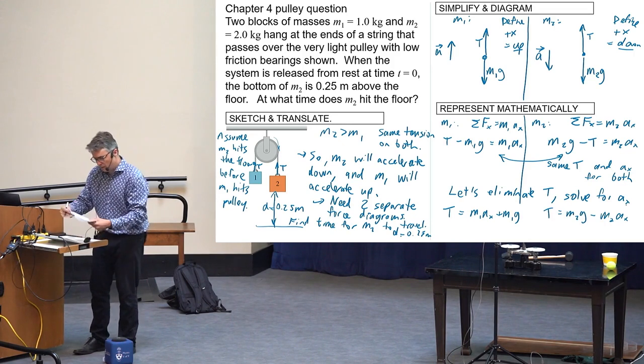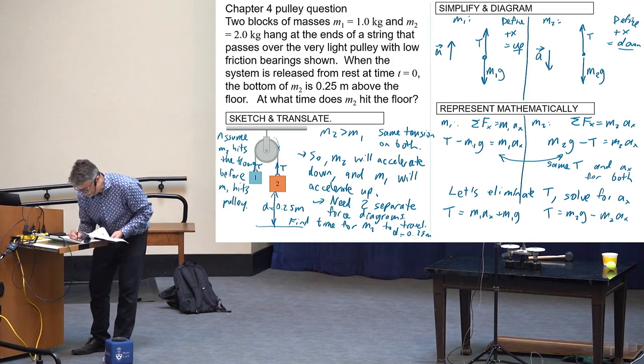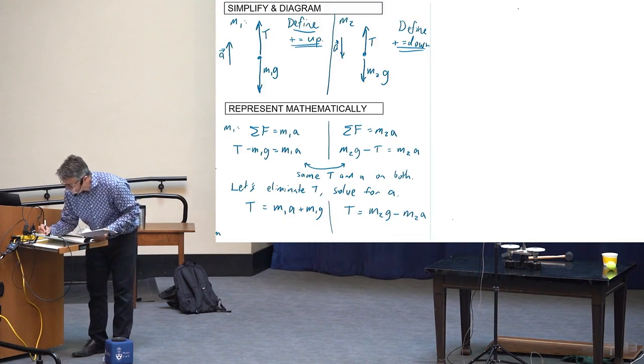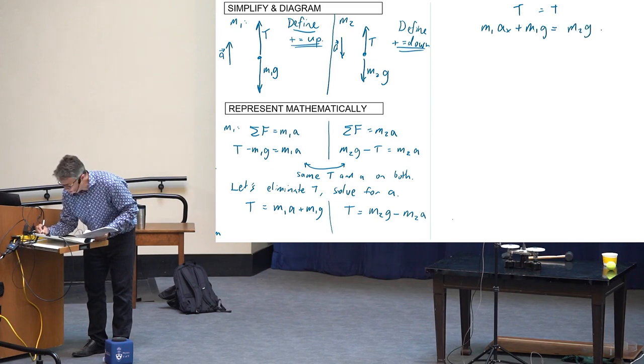Then I could just set T equals T. There's a few ways of eliminating, but if you do T equals T, then you get m1 times a plus m1 times g is equal to m2 times g minus m2 times a.